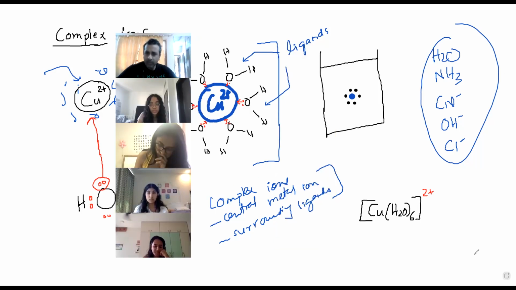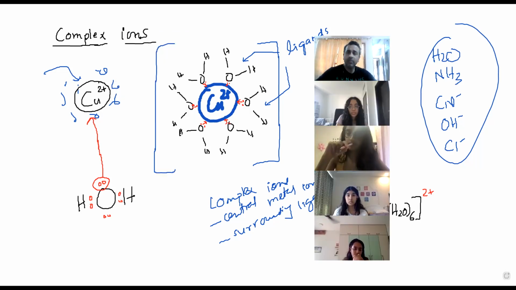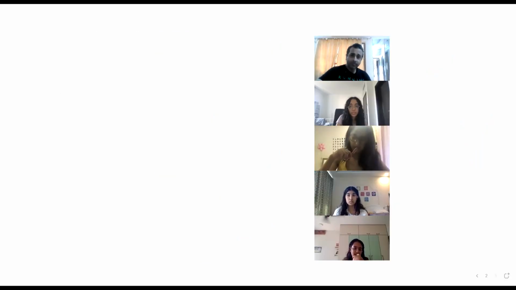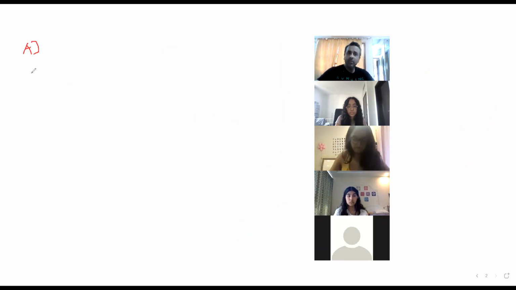Let's do one example. Everybody, I'm giving 2 examples. Everybody will calculate the overall charge on the complex ion and send me the answer. You don't write down and take a picture and send. Just type in the answer. I'm giving you 2 complex ions, A and B. So just write A's charge is this much, B's charge is this much.